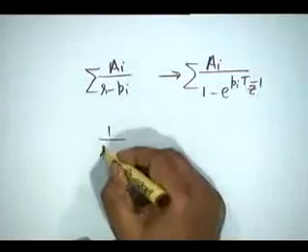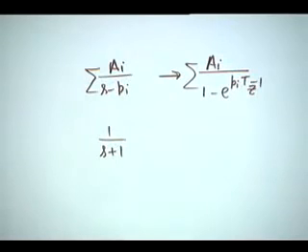As an example, if I have, let us say, the normalized first order analog filter, you call it Butterworth, call it Chebyshev, call it elliptic, it does not matter, first order is first order.